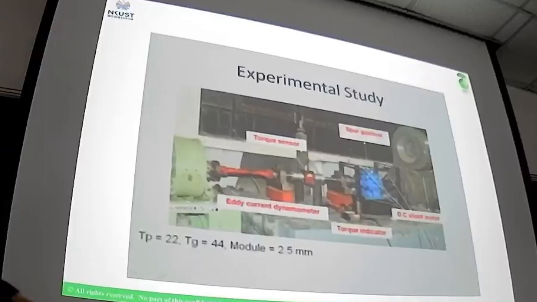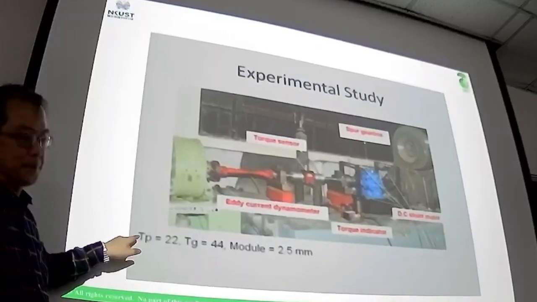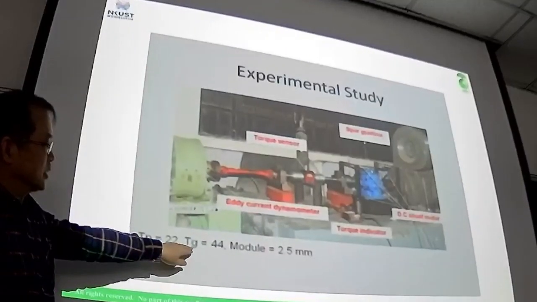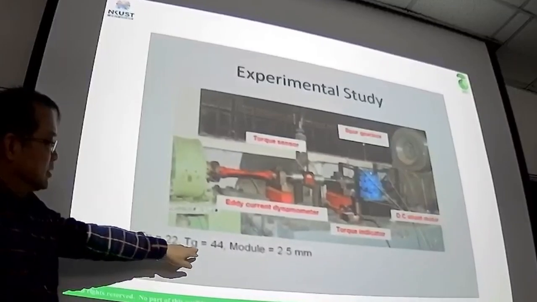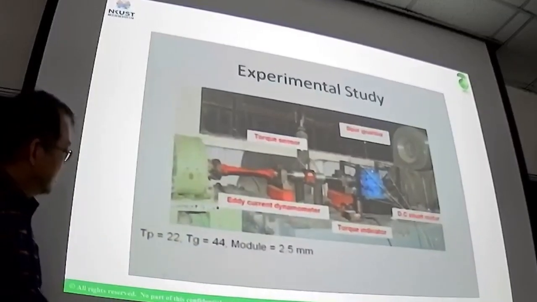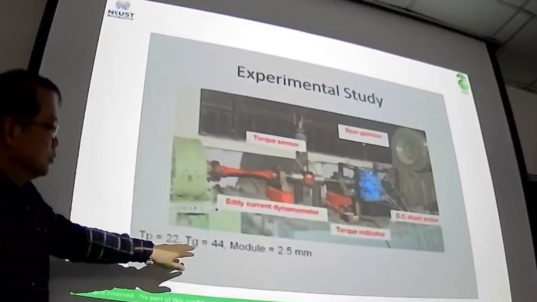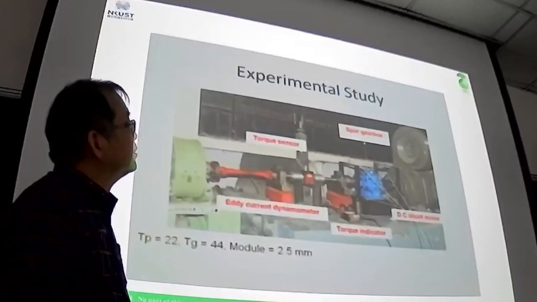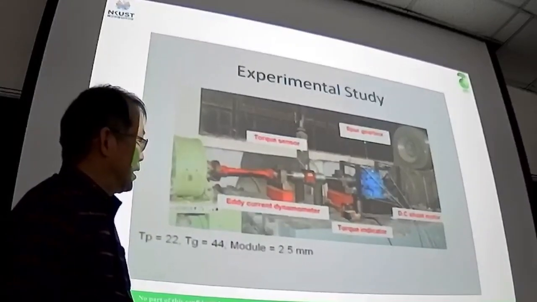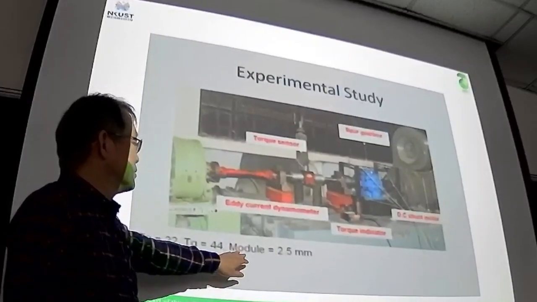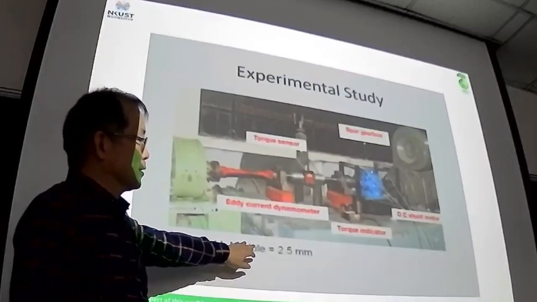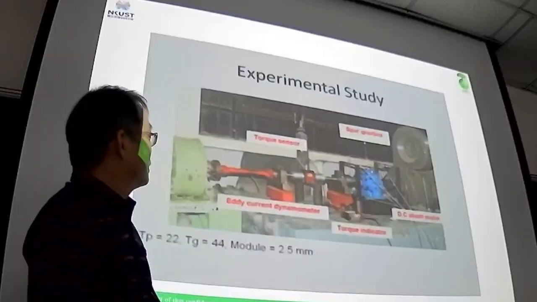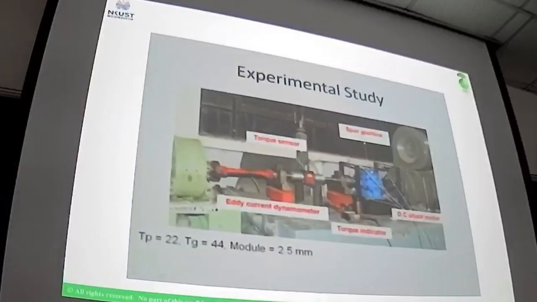We have the number of teeth for the pinion and the number of teeth for the gear. This is the gear and this is the pinion. This is the module for both gear and pinion. From the mechanism design, you should have the same module for your gears so that you can have transmission. This is 2.5 millimeter.